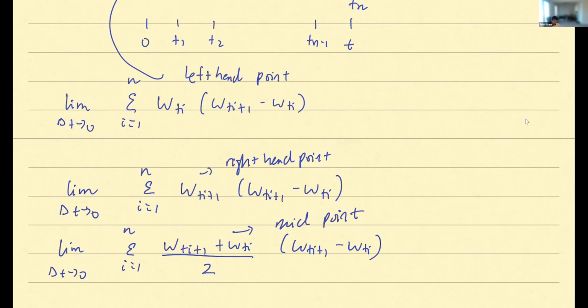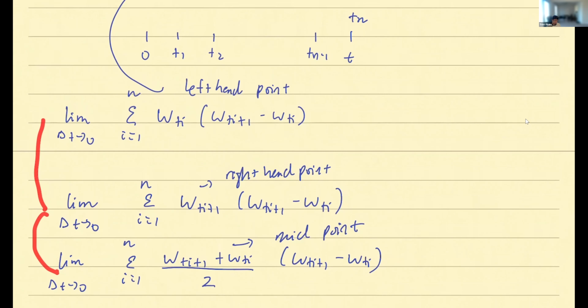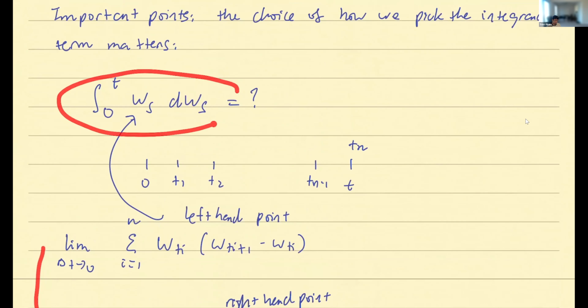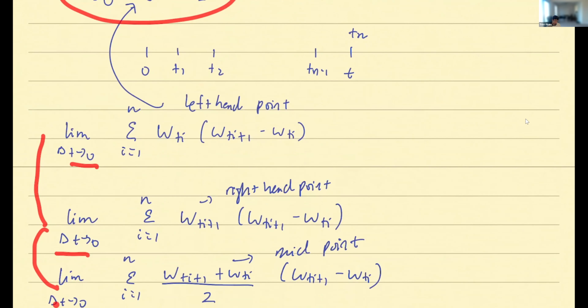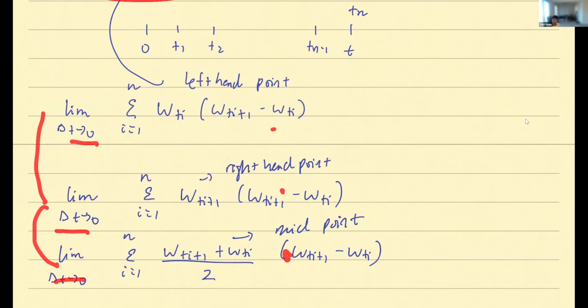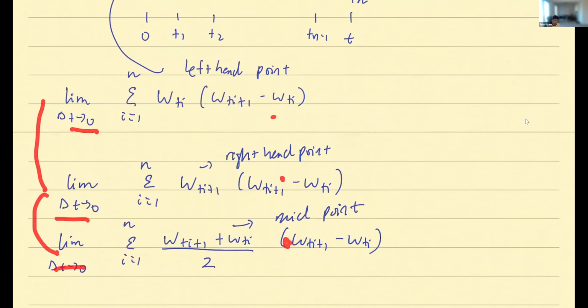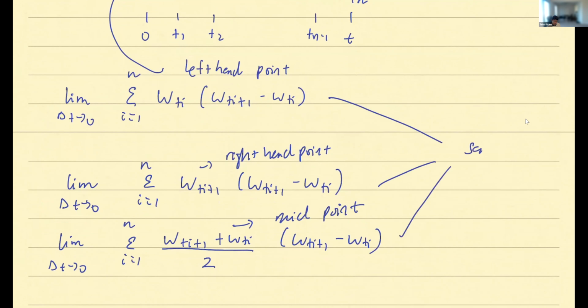So the point is that when you do a Riemann sum, all of these choices are reasonable representations of this integral. When you push delta t to 0, all choices go to the same limit, if W is differentiable, which it is not.